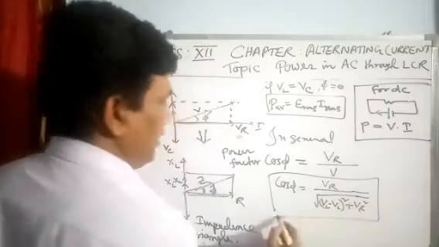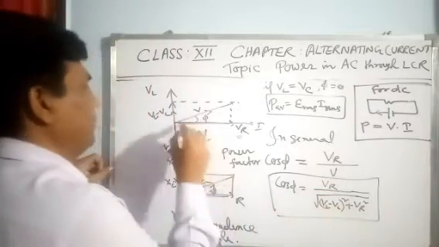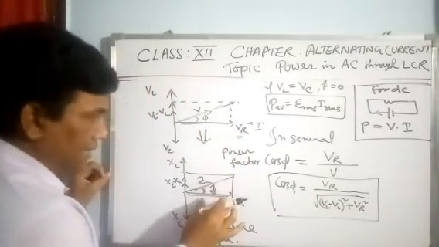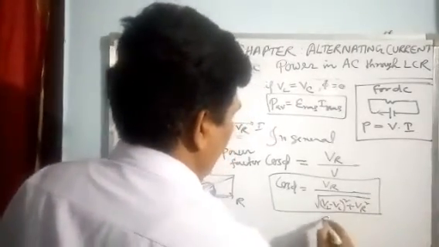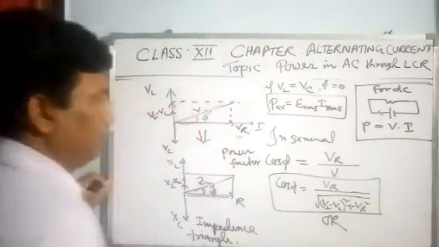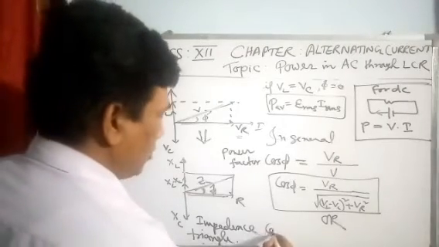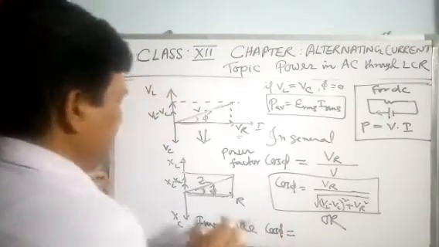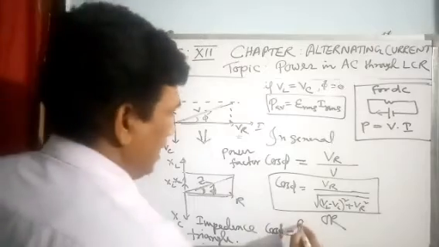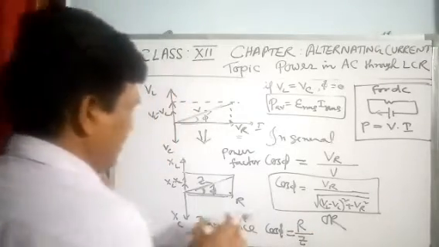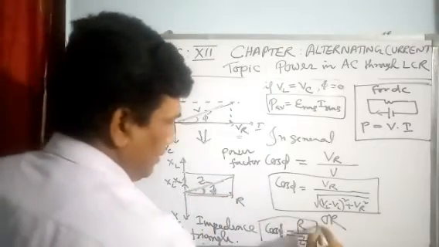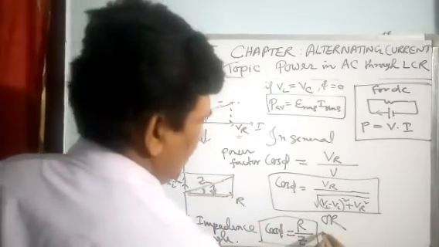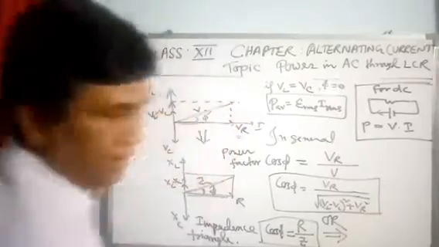Cos phi equals base upon hypotenuse. Or you can put cos phi equal to base upon hypotenuse, R upon Z, R upon the hypotenuse, the impedance.